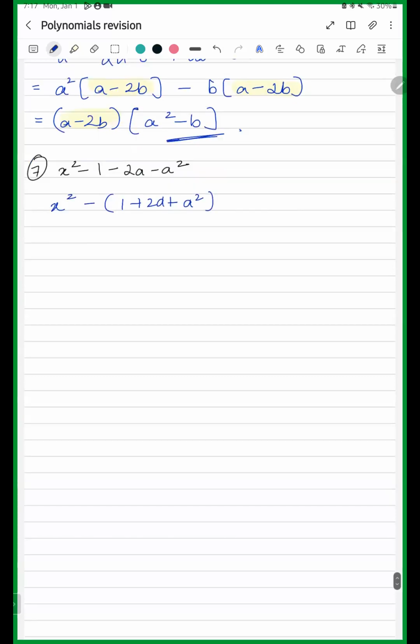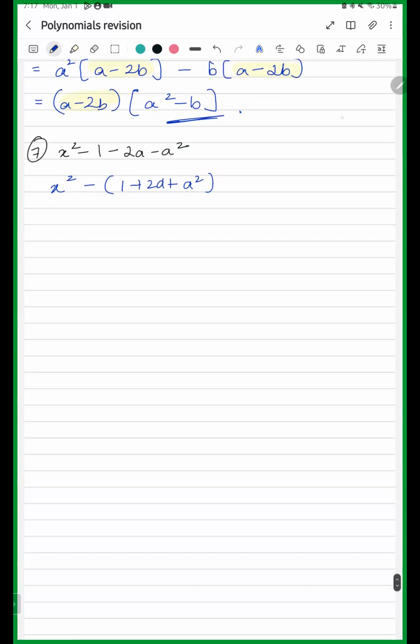Now tell me, if you have a plus b whole square, in place of b I have put 1. So if you have a plus 1 whole square, what will this become?